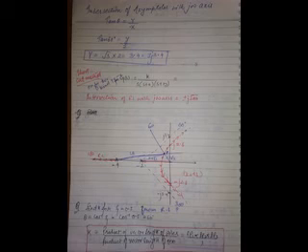As of now, I am drawing the shape to be like this. This is how the roots are terminating to infinity along 60 and 300 degree asymptotes. What is this point called? Breakaway point. Now you compare the root locus of second order system, the root locus of third order system.